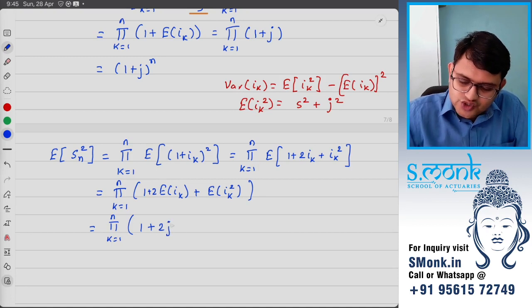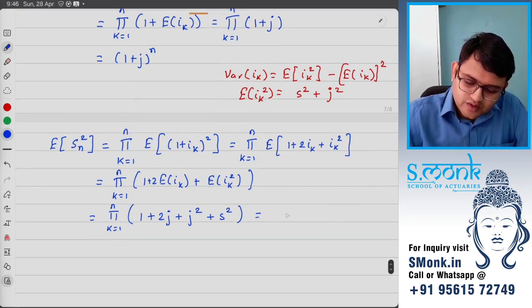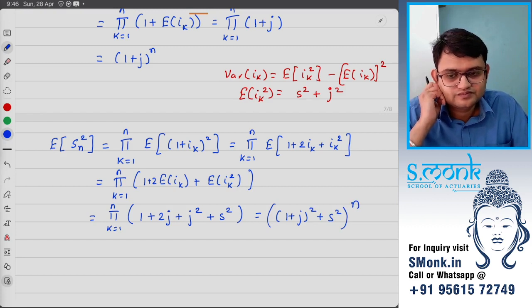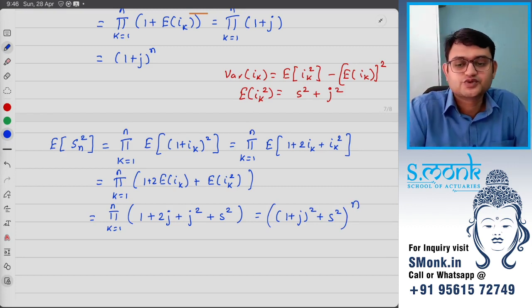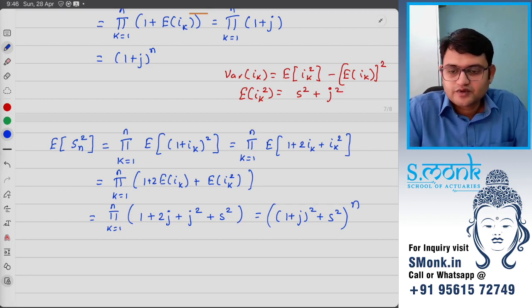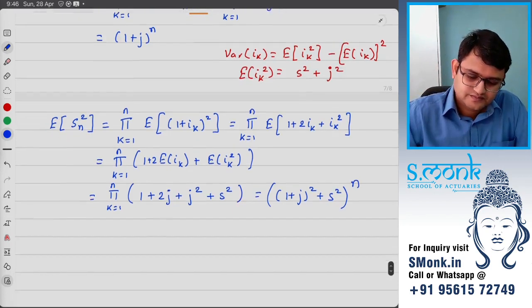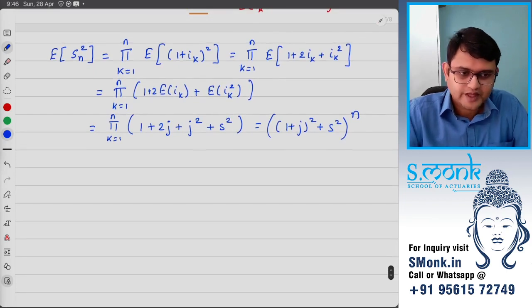So 1 plus 2j plus j square plus s square, or I can say it is 1 plus j square plus s square, the whole raised to n. Any problems here?